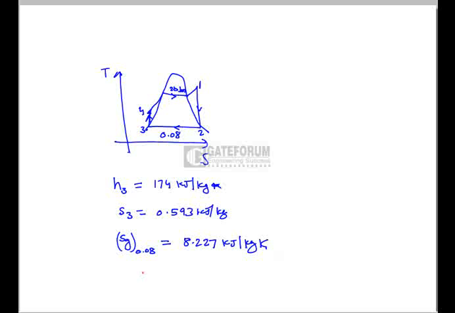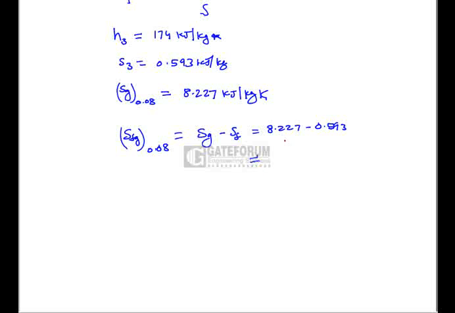Now on the 0.08 bar line we can write SFG, that is the difference of SG and SF. So it gives a value of 8.227 minus 0.593, and is equal to 7.634 kilojoule per kg Kelvin.